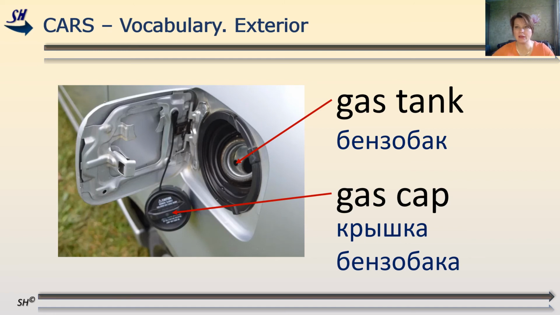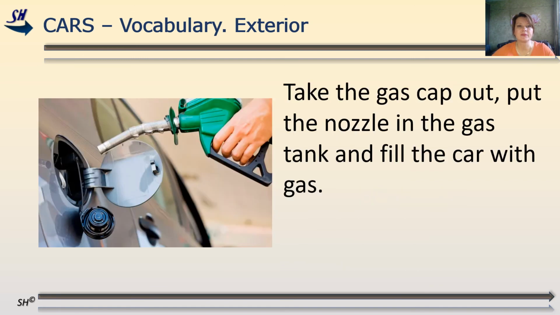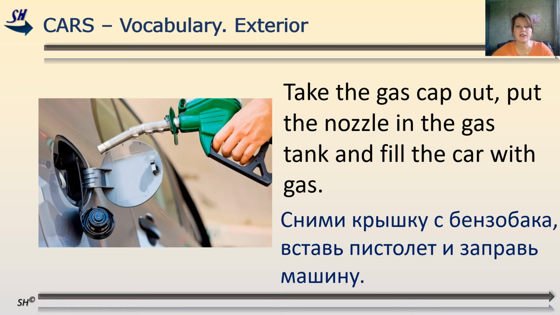This is the lid that you use to close the gas tank. For example, we can say, take the gas cap out, put the nozzle in the gas tank, and fill the car with gas.